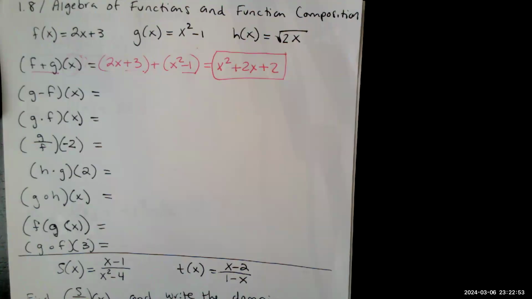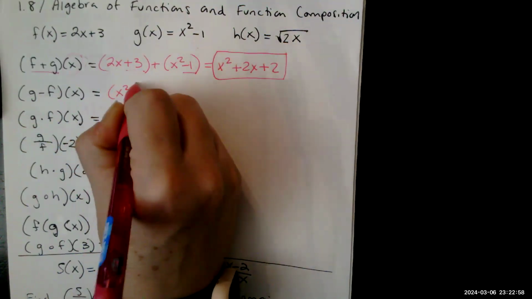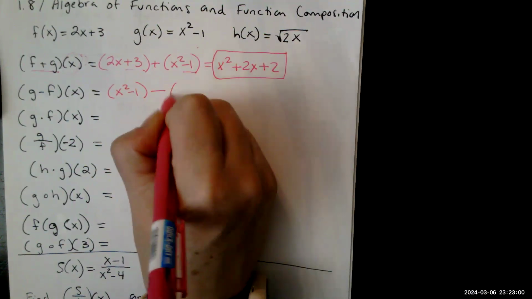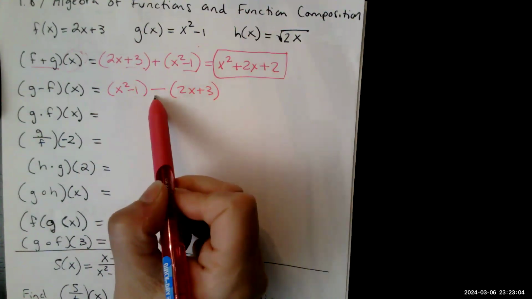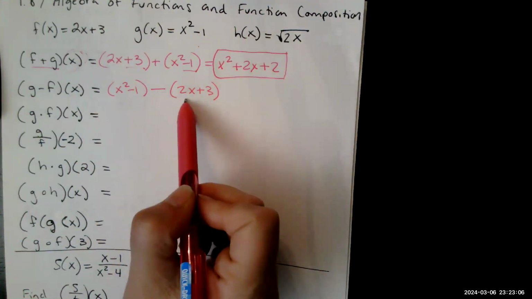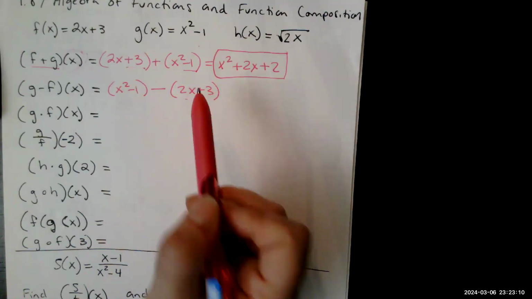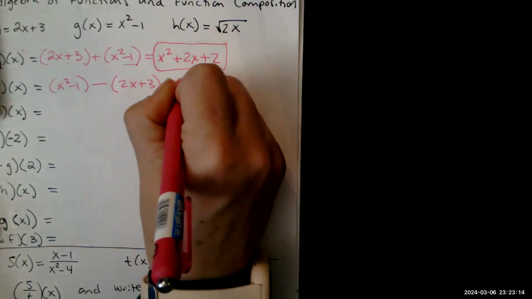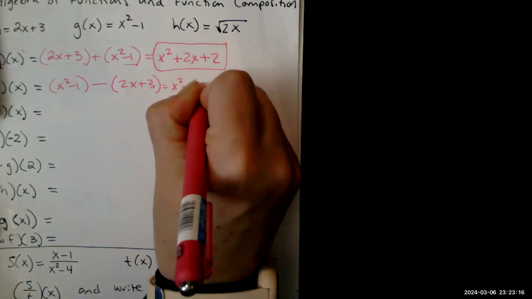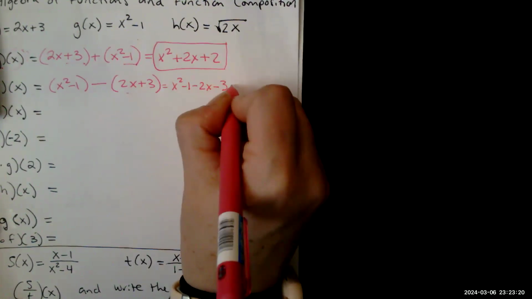Subtracting, same thing. You just have to be a little more careful with the subtracting. Make sure you write it in order, and this time the parentheses will matter because we're not just subtracting the 2x, we're subtracting this whole thing. So do you see how that negative is going to need to be distributed? So what we really have here is x squared minus 1 minus 2x minus 3.